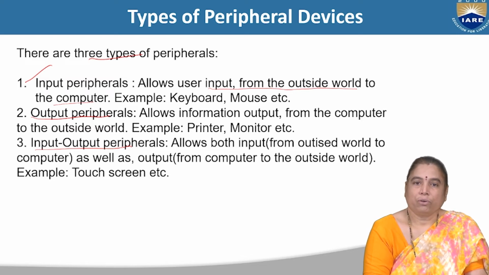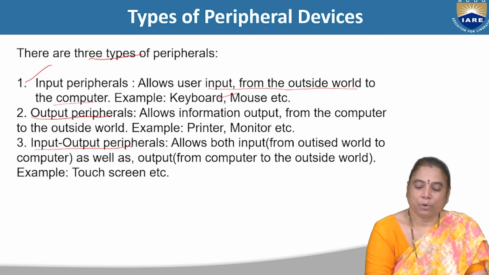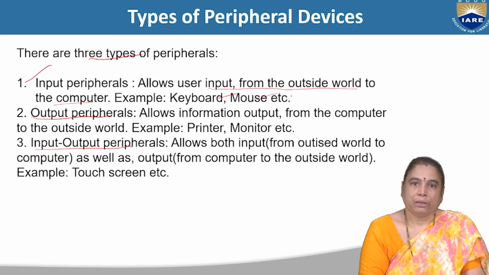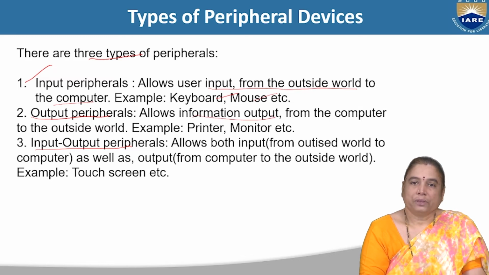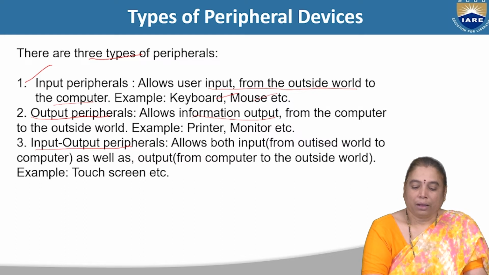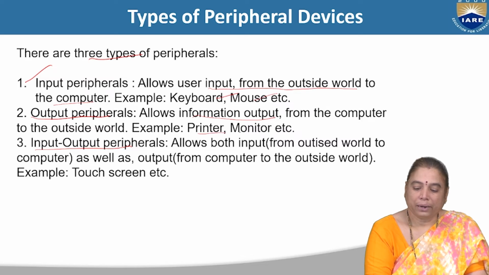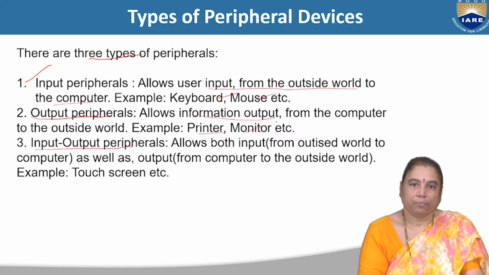Examples of input peripherals are keyboard, mouse, etc. Next are output peripherals, which allow information from the CPU to be represented to the user or the outside world. Examples of output peripherals are printer, monitor, etc.